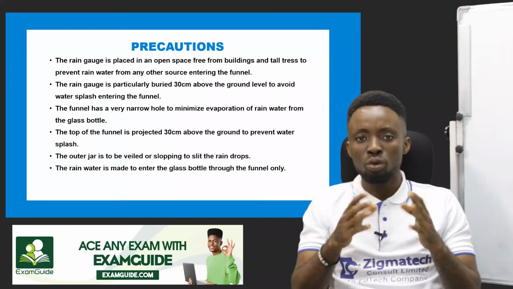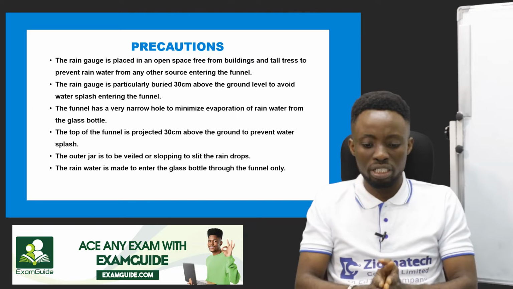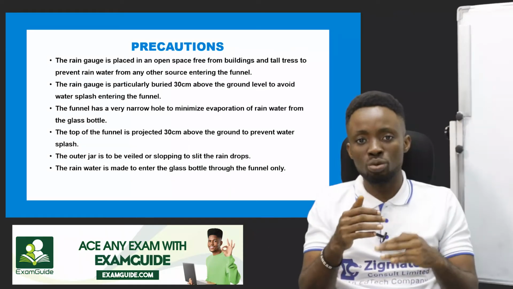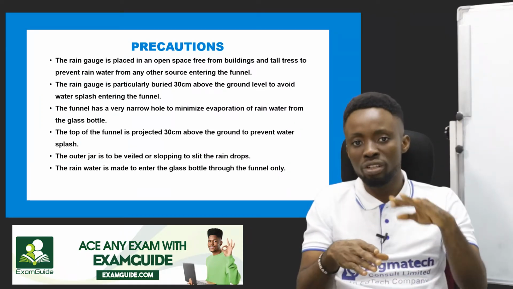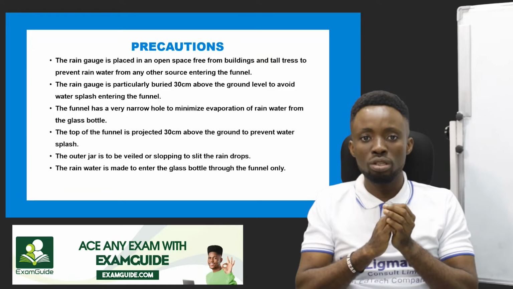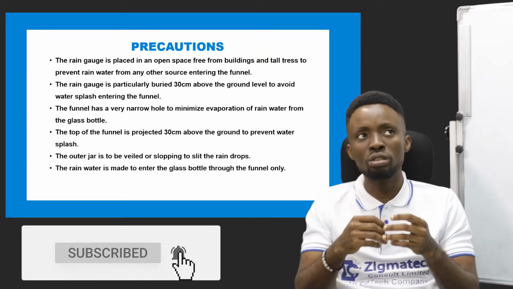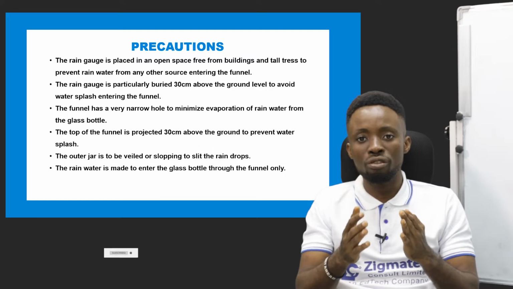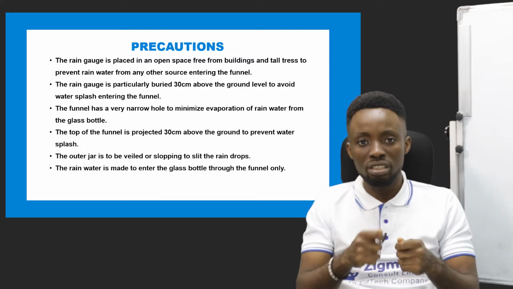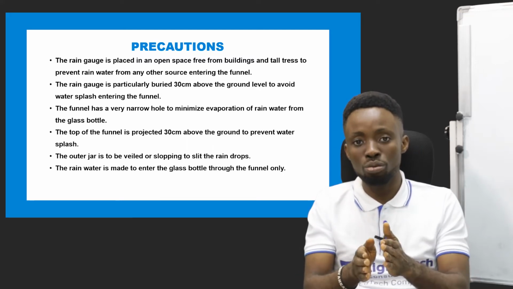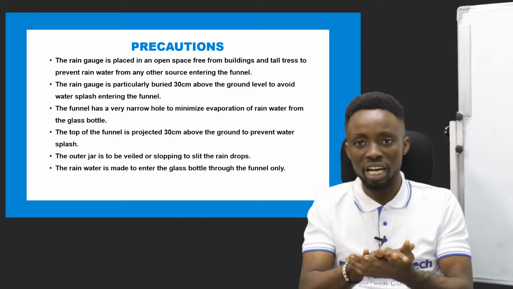And also, ensure that it is 30 cm above the ground level, so that water will not splash into the rain gauge. We do all this to get a degree of accuracy when determining the volume of rain for that day.